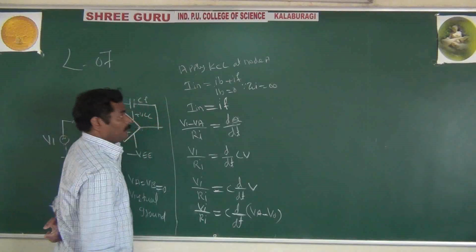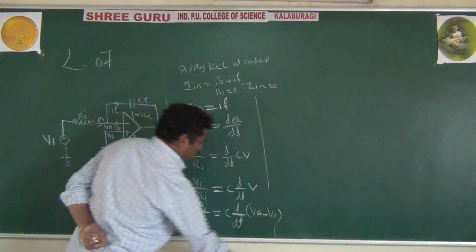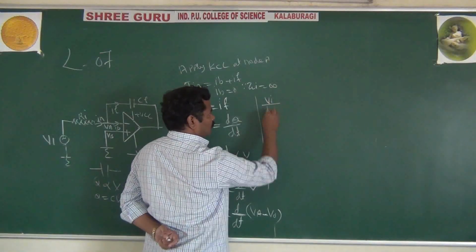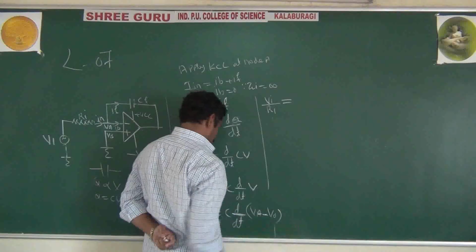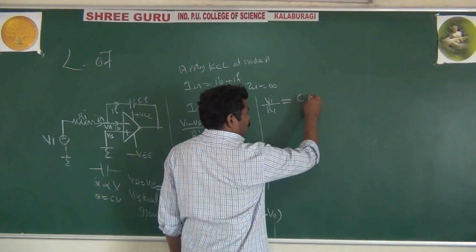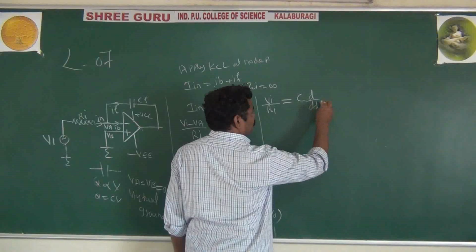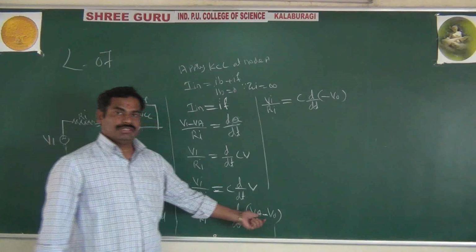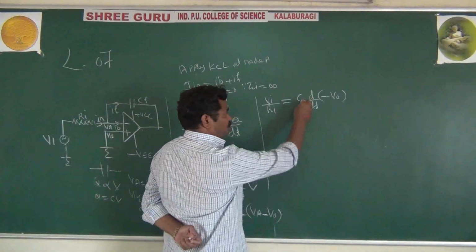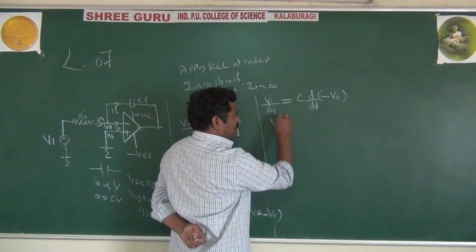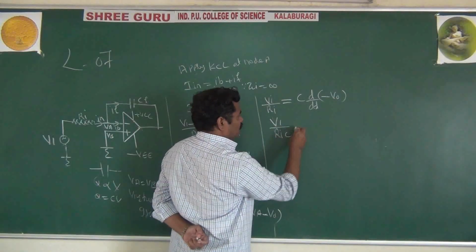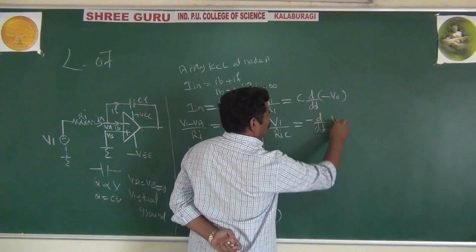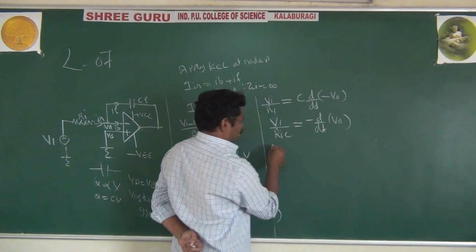As usual, Va is 0, so it becomes Vi by Ri equal to C into d by dt of minus V naught, because Va is 0 and the minus remains. Then this C divides here: Vi by RiC equals minus d by dt of V, or you can take the minus to this side.